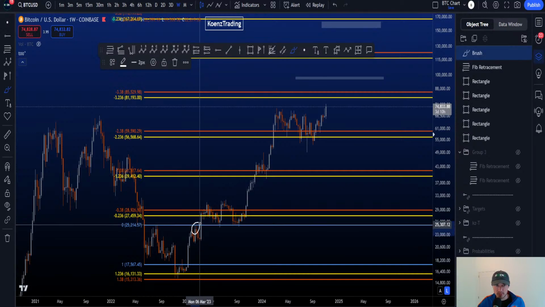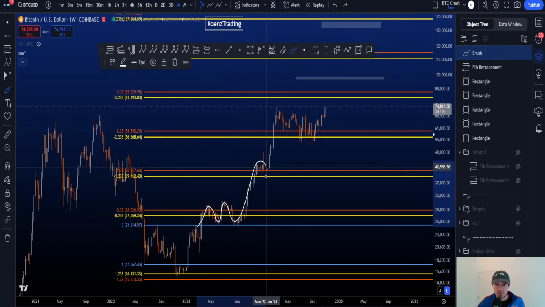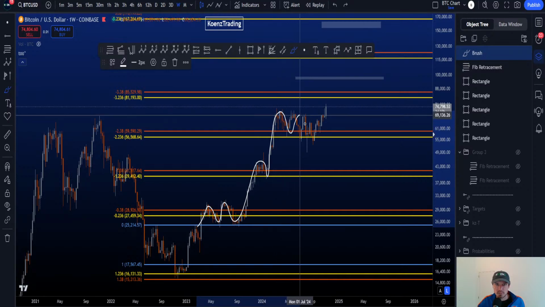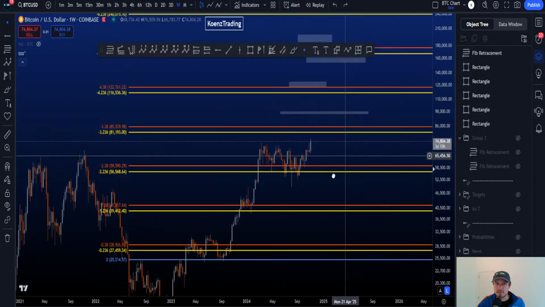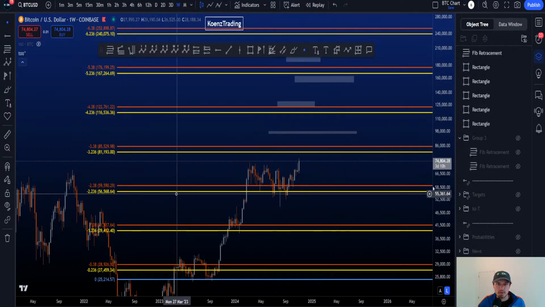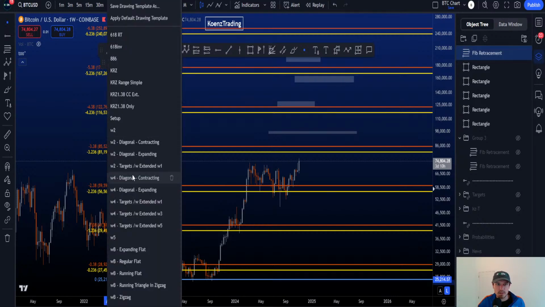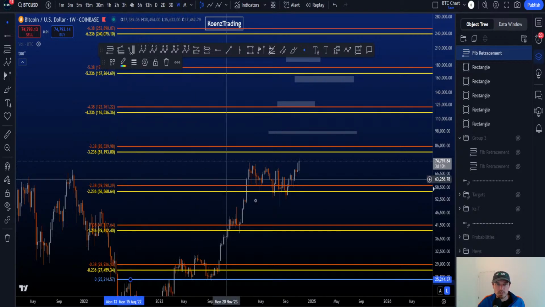So price touched pocket, range, next pocket, support, right? Next one. The next one starts at 81k, which is also an Elliott wave level, by the way. And if you then also use the 618s, where is it?